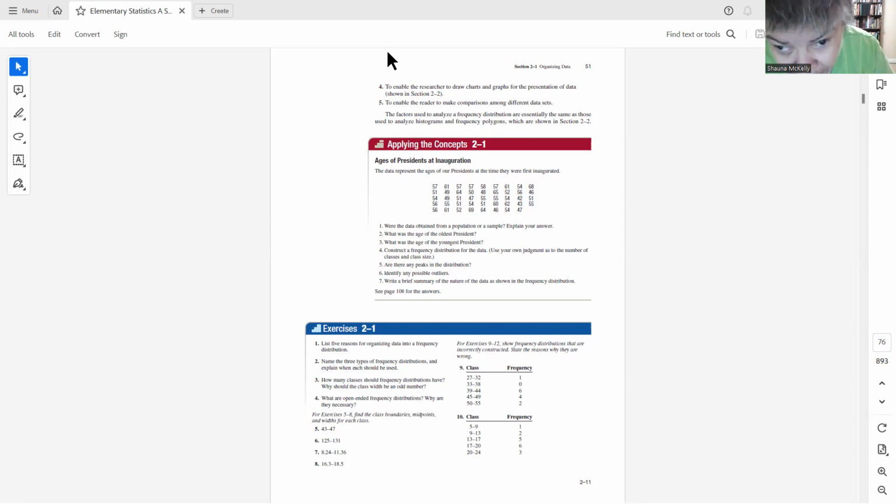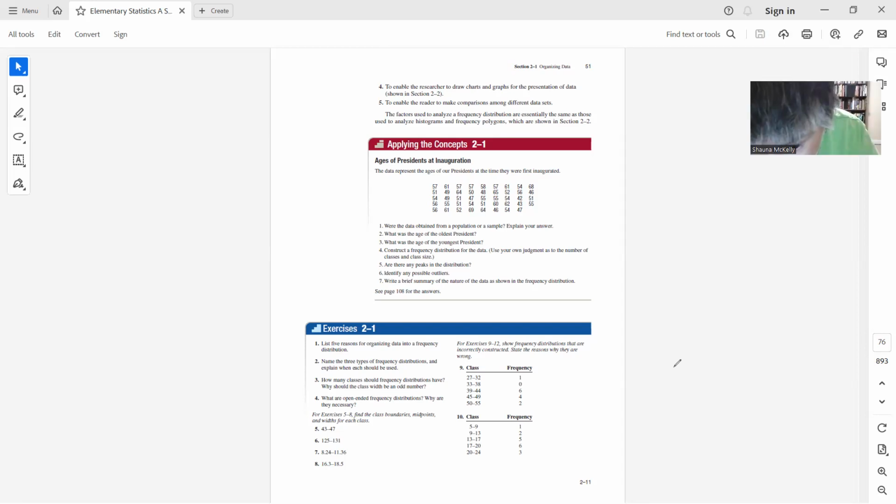So let's assume that we have our class limits as 43 to 47, okay?